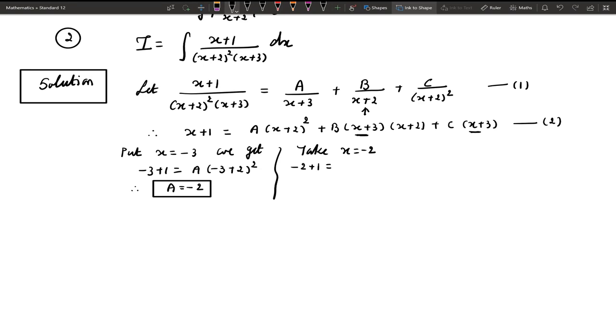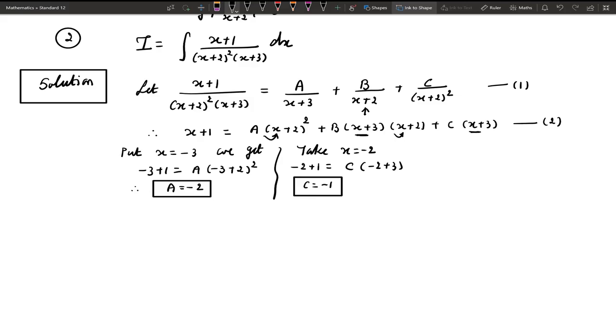Here the coefficient of a will be 0 when we take x equal to minus 2. So c into minus 2 plus 3. Just take x equal to minus 2 on both sides. Now when we simplify, we will get c equal to minus 1. So this is the value for c.